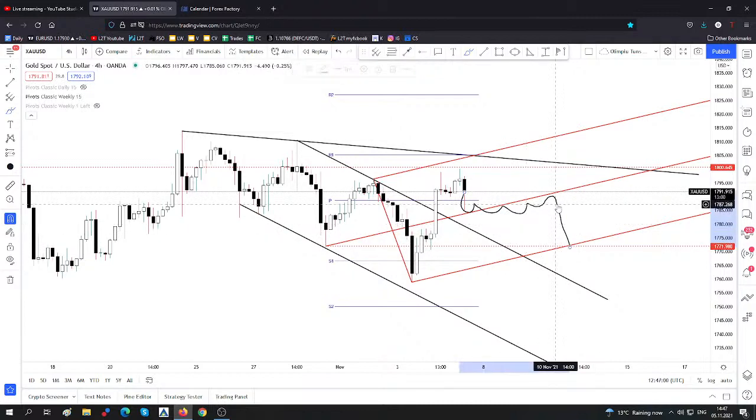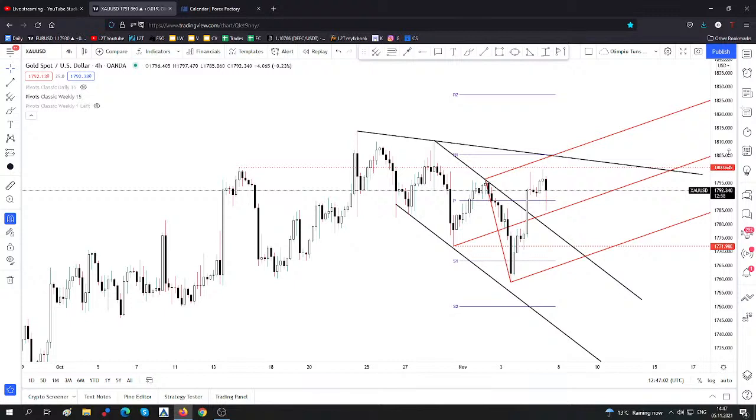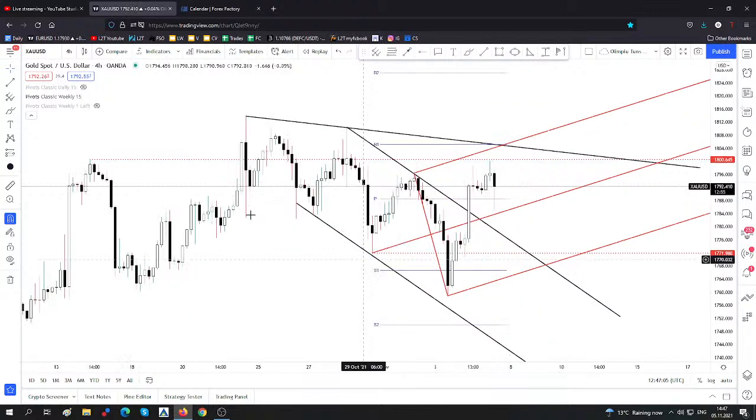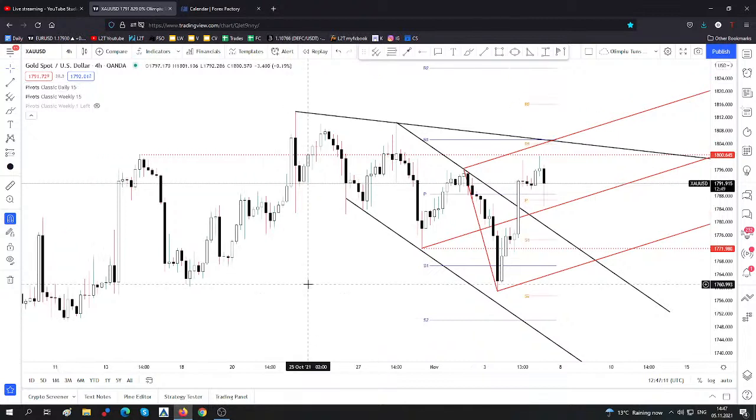But I told you, right now I don't want to sell gold here, as long as I don't have a clear direction in the dollar index, because the dollar index is at resistance.